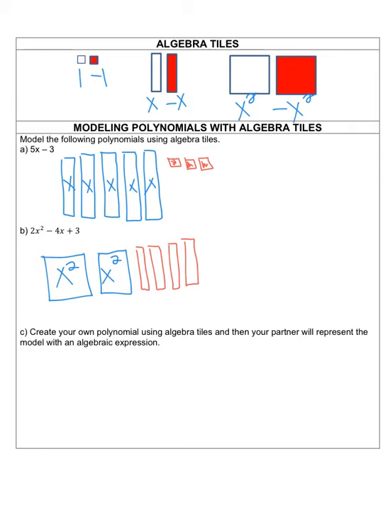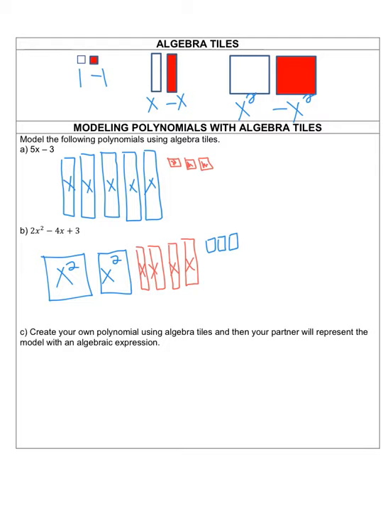So I have 4 negative x's. And then finally we have 3 1s. So I just need 3 of these little 1 units. And this is a representation of what 2x squared minus 4x plus 3 would look like.